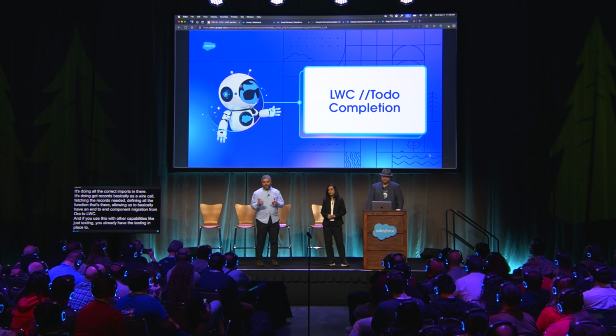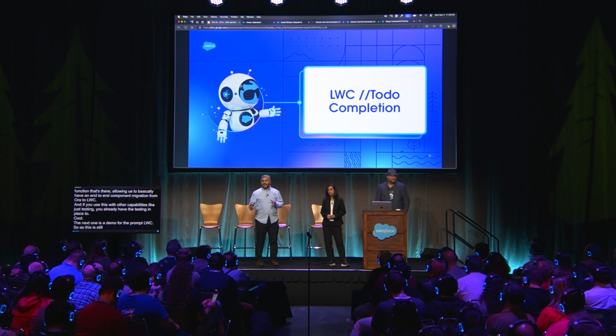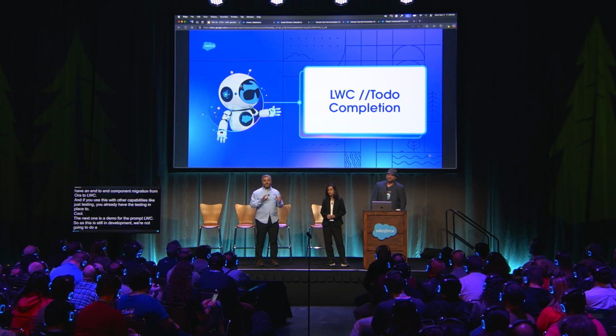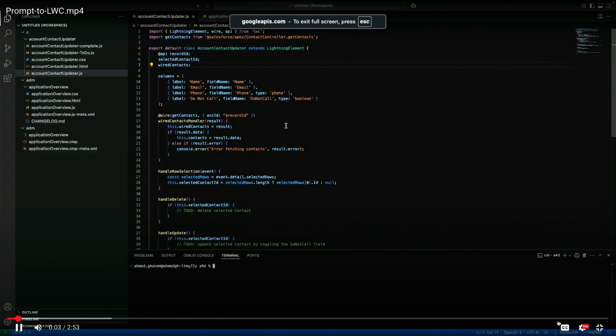Cool. The next one is a demo for prompt to LWC. As this is still in development, we're not going to use natural language. What we're going to do here is have an incomplete LWC component with some to-dos in it, and A4D is going to analyze that and generate the code for us. So we have a very simple component here. As you see, it's a new LWC component.